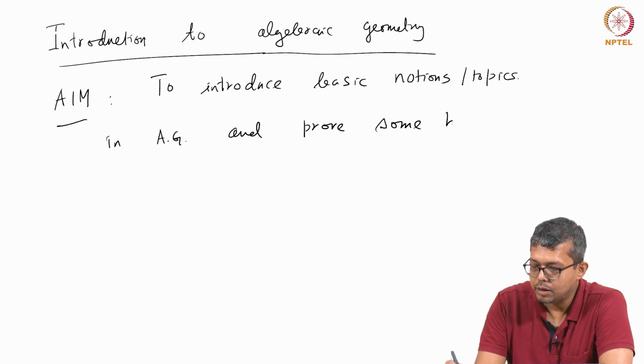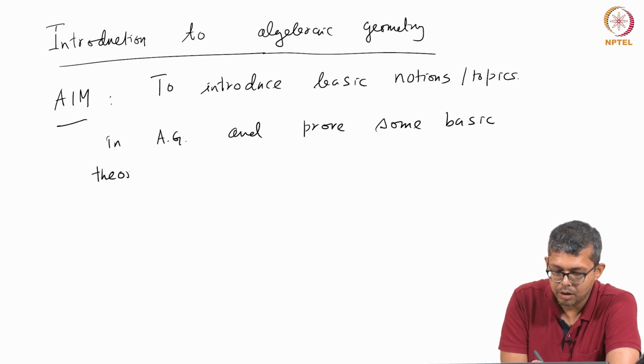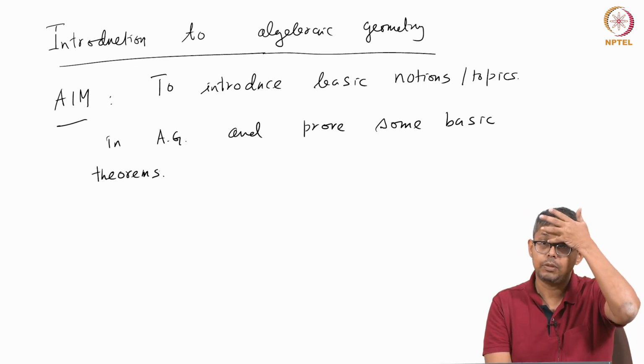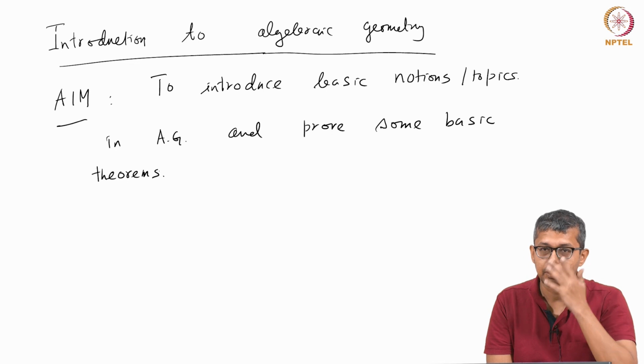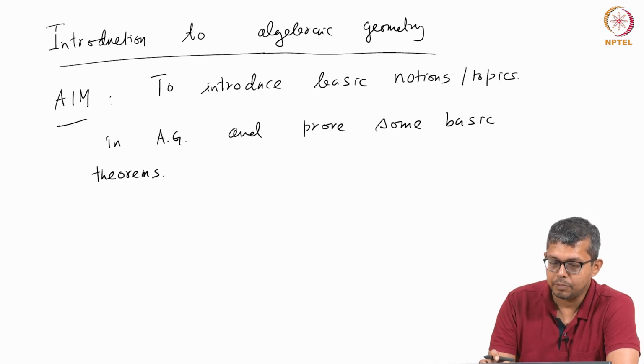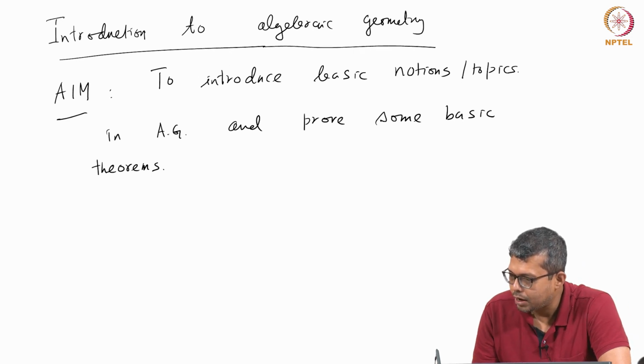So, what theorems will we prove? We will target, for example, Bezout's theorem. It's one of the very basic theorems, which says something about the intersection of curves, or more generally the intersection of varieties. And we will see how far we can go.